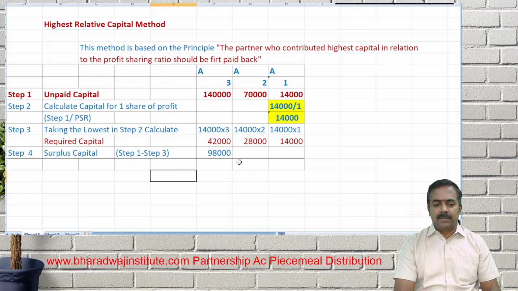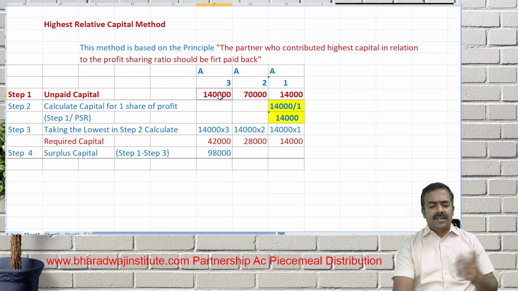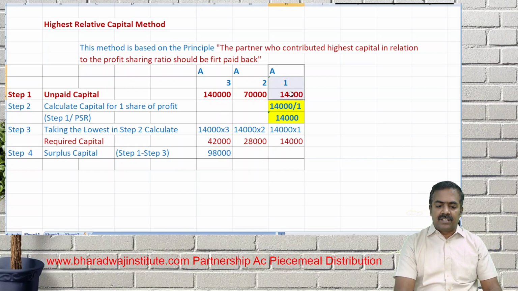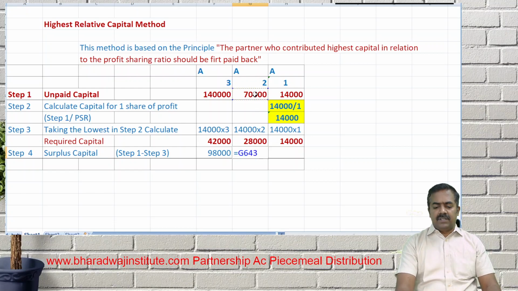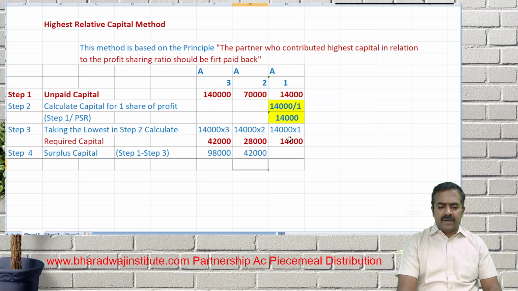That's why I'm taking an example. So 1,40,000 is the capital contributed by you, and taking the lowest of the third partner, we worked out the required capital. The difference is called the surplus capital. Second partner: 70,000 is the capital contributed, and 28,000 is the surplus capital.